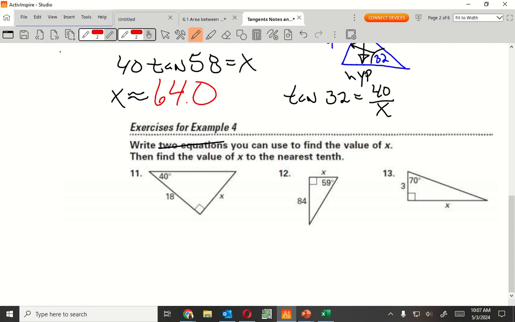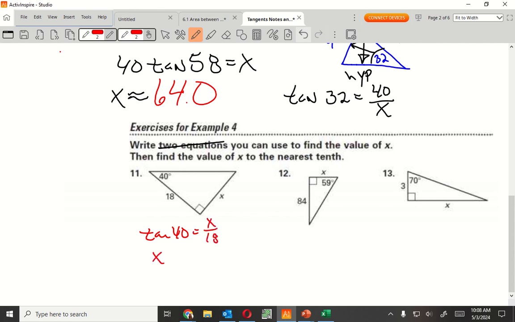All right, so let's see. 3 minutes. I'm gonna do a little math right here. Kakarot, what you get? Tan of 40 equals x over 18.